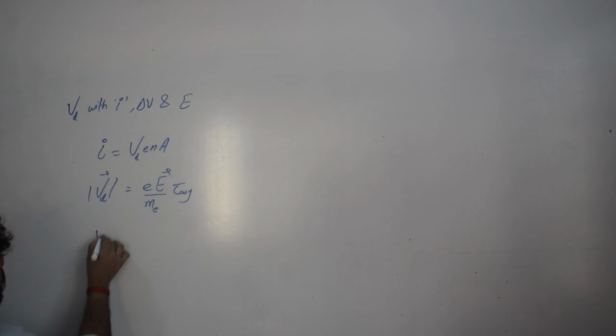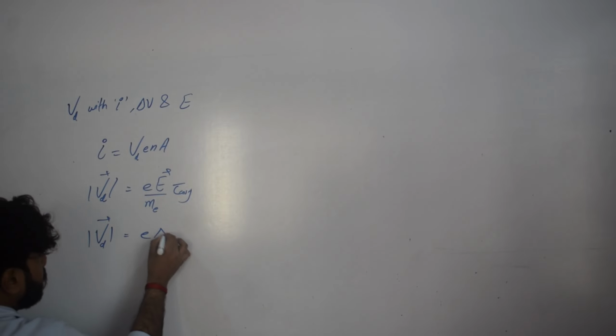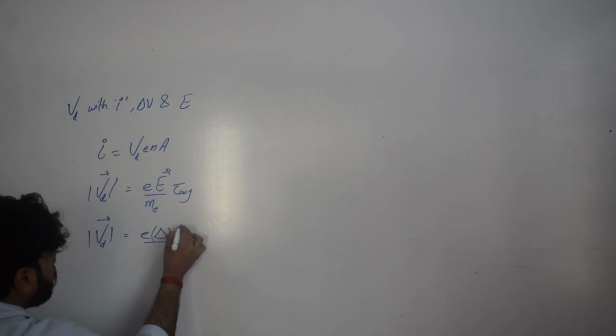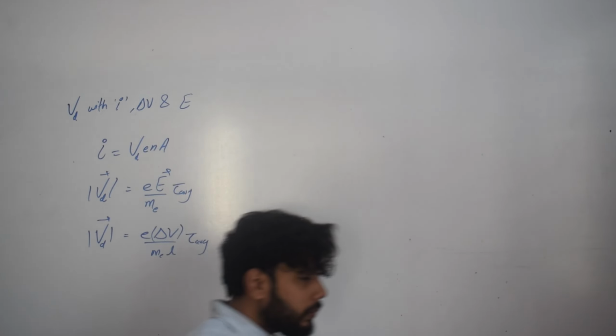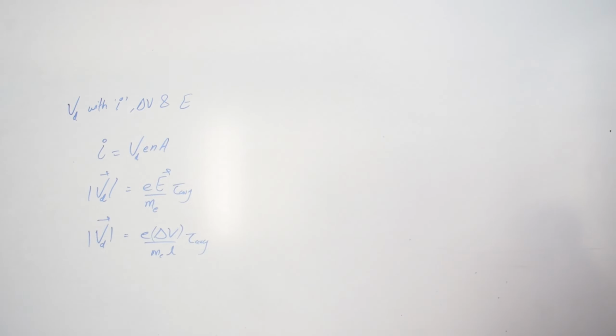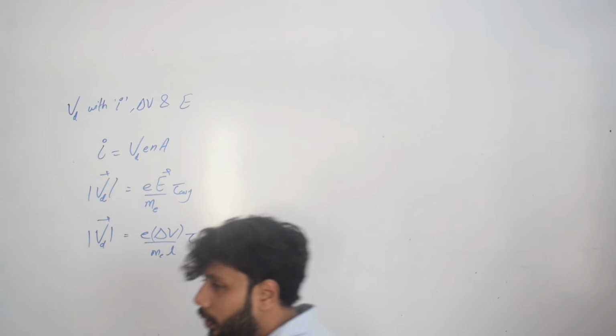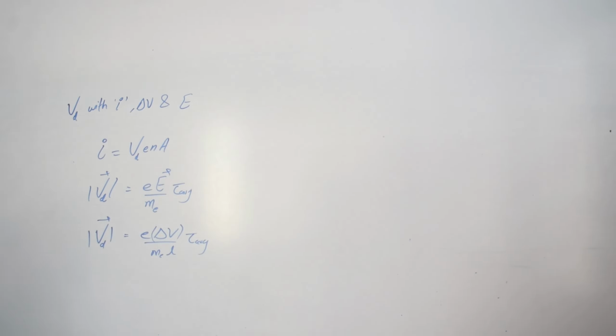And if you want to write drift velocity in terms of potential difference, we can write it like this. So there are many ways we can write it, right? In which n is your free electron density and e is your charge of electron and tau average is the average relaxation time.